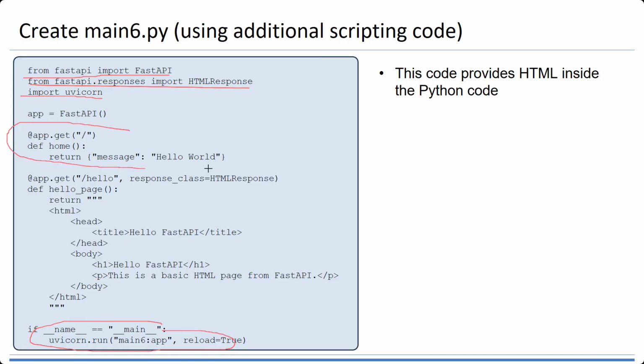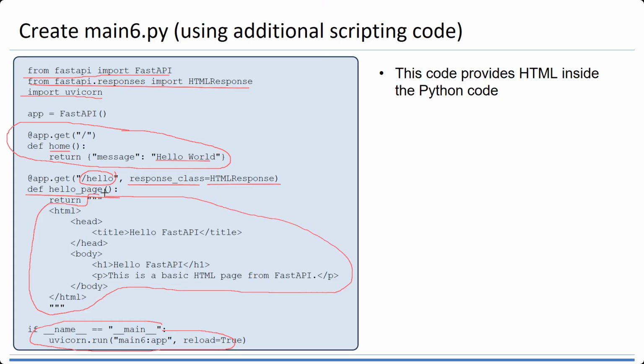Here is the home. So when we are at the home address, we will see the message hello world. Now, if I put the link hello, then the response will be an HTML response. It means I'm going to run the function hello page, and this function hello page will return an HTML file.